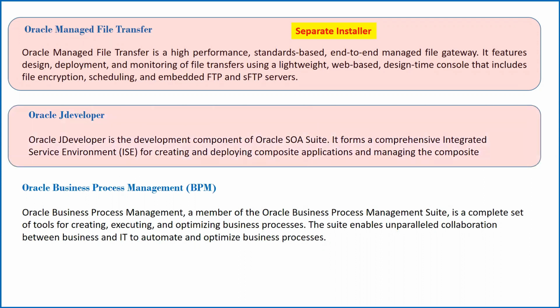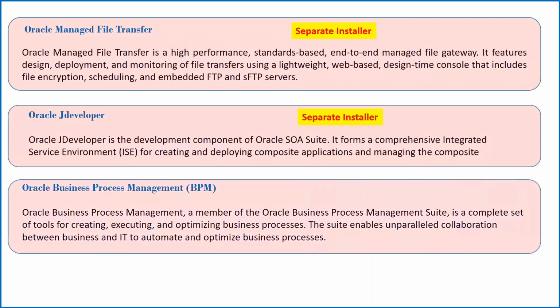Now, when we talk about the development of SOA components, as I said, when we develop an application in SOA, it is called a SOA composite. For developing the SOA composite, you have separate software called Oracle JDeveloper. This is specifically a developer tool. And business process monitoring is again a separate tool used for process management, which is out of scope of this lecture because it is a separate product altogether.